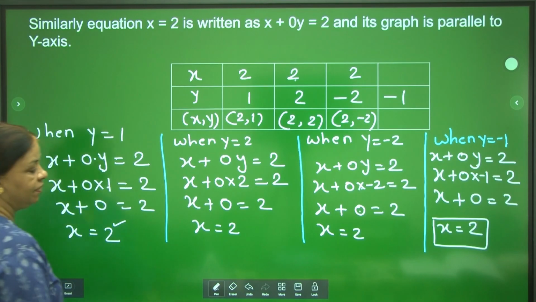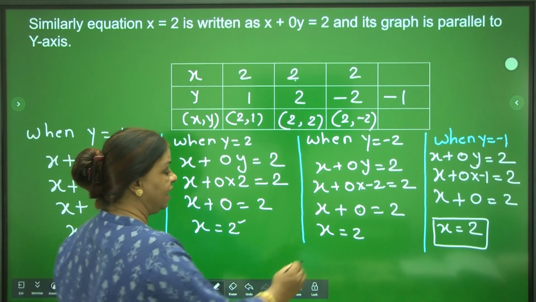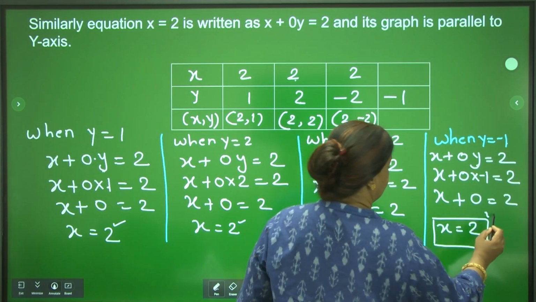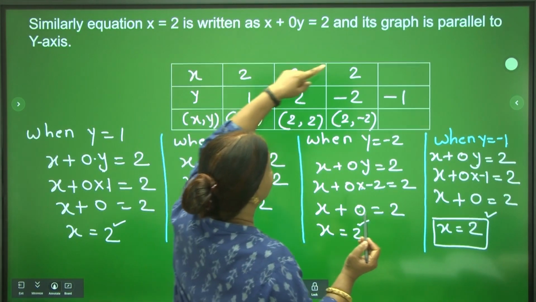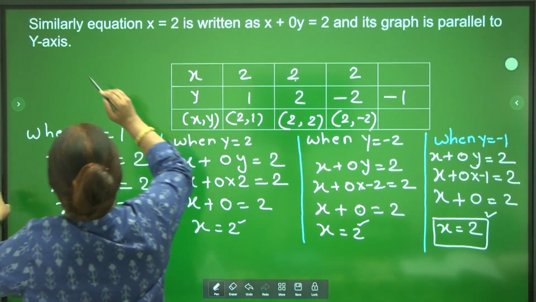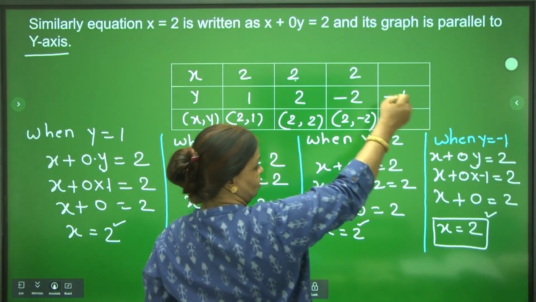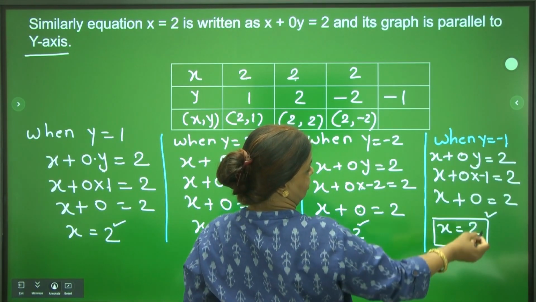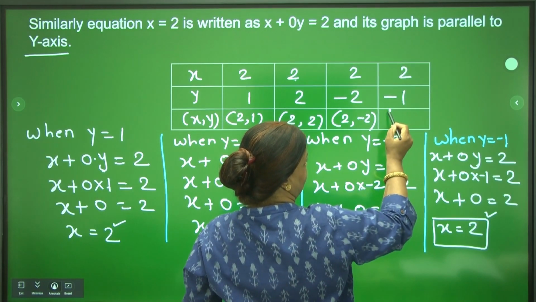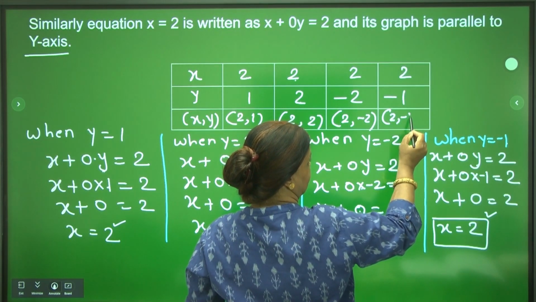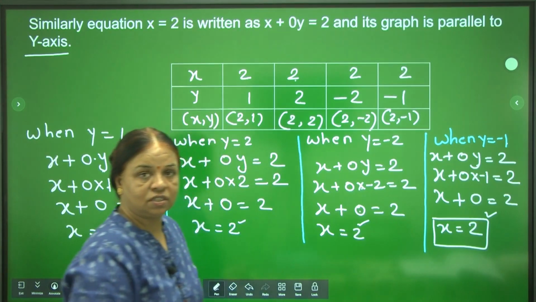And this we will now be plotting in the graph and seeing the line will be coming parallel to the y-axis. Parallel to the y-axis. Let's see, children. Let me write this coordinate. The x value is 2 and here 2 comma minus 1. Let's start to plot it.